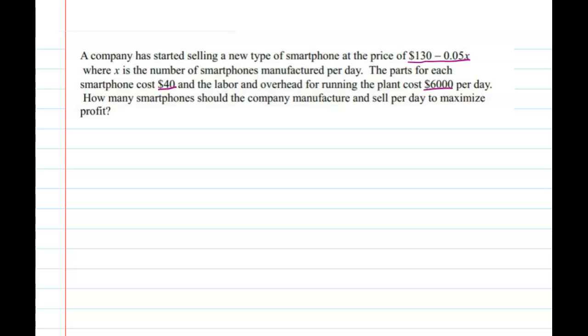So this is one where it's good to note what our variables even are. So again, x is the number of phones made per day. And what we're trying to do here is maximize profit.